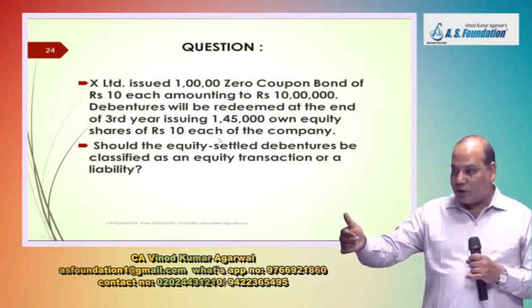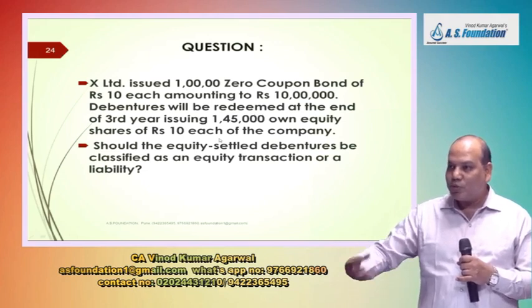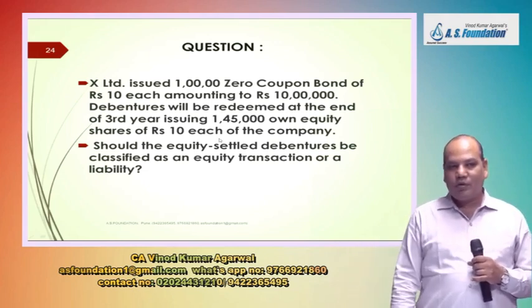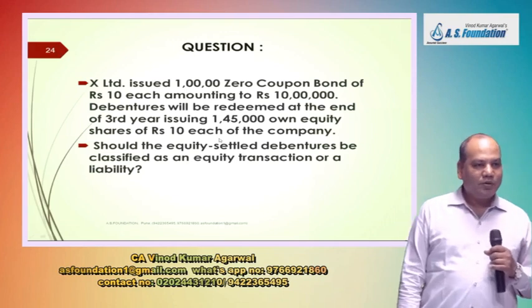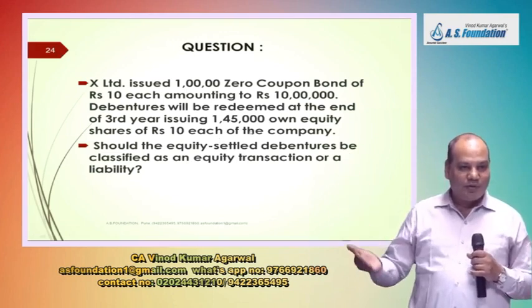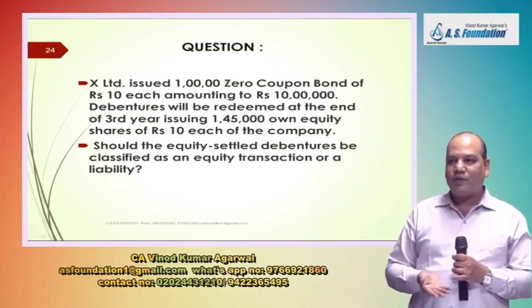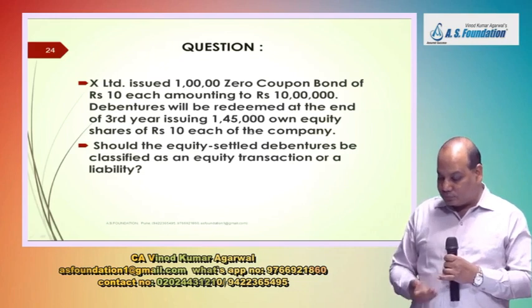So the other party, that is the holder of that zero coupon bond, is exposed to the ownership risk. How is he exposed to the ownership risk? Because if the price of this share suppose rises to 100 rupees, he will get 10 times benefit. If it falls to 2 rupees, he would suffer the loss also.